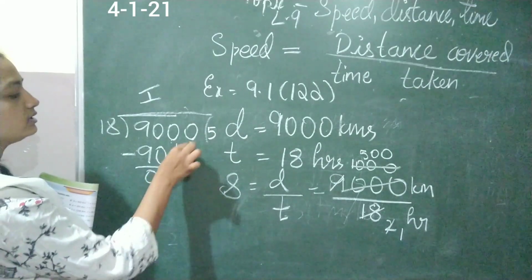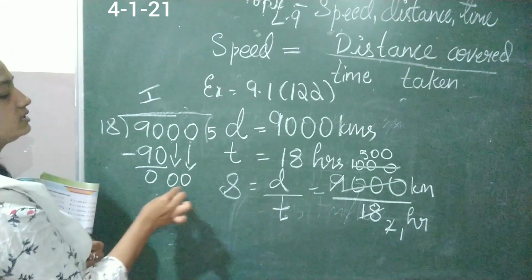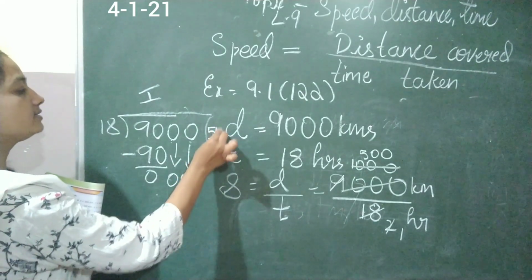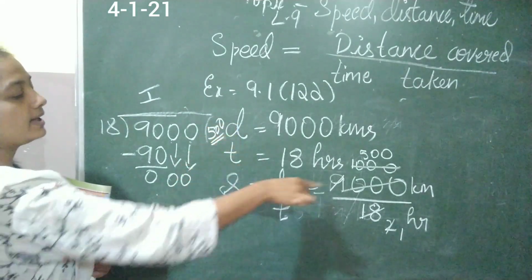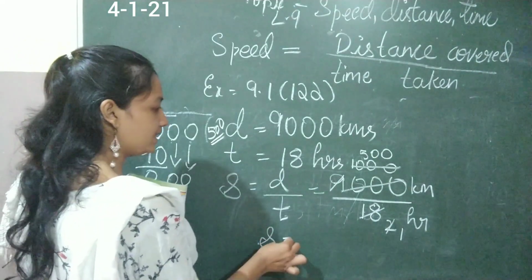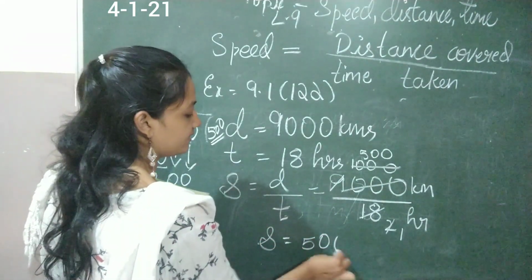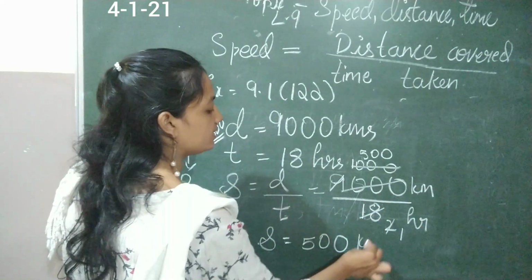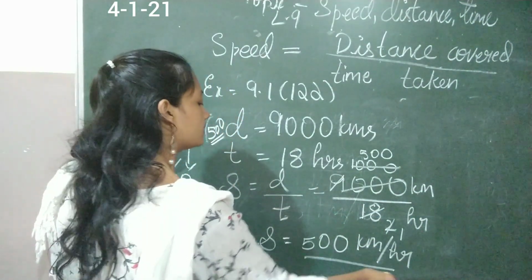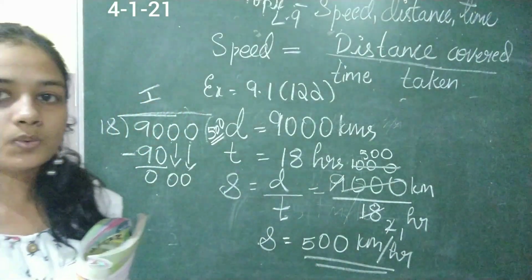I have to bring these 2 zeros down. So instead of again calculating, I just directly write it as 0, 0. So it is same as what I got there. So my speed is 500 kilometer per hour. This is the answer for the first one.